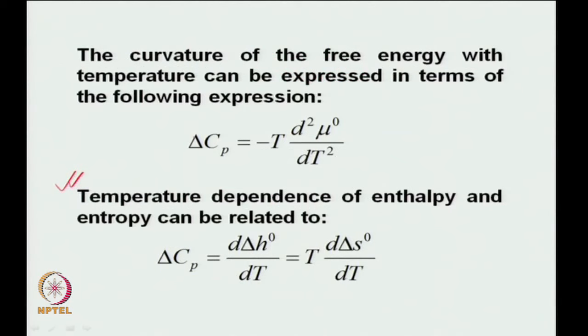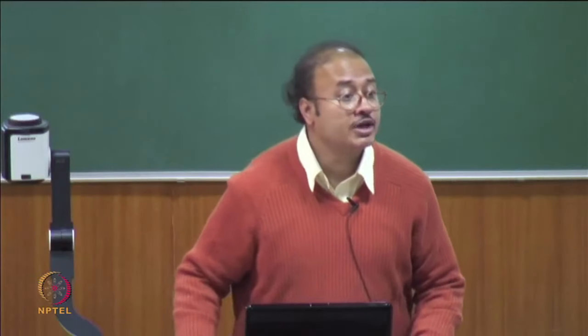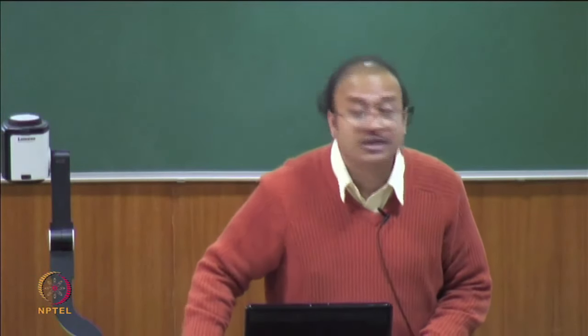Now, the same thing happens for the entropy curve. d delta S 0 over dT is equal to delta Cp over T, and hence here also the heat capacity figures in the slope of the change in entropy with temperature. So, if you ever put a hydrophobic molecule like neopentane in water, you will always get these steep slopes, because you always undergo a huge change in heat capacity.